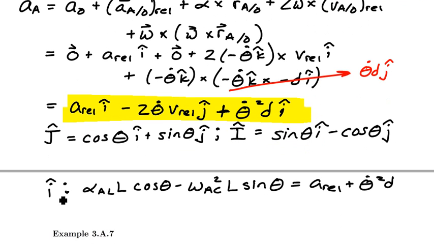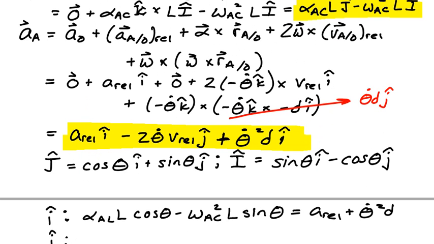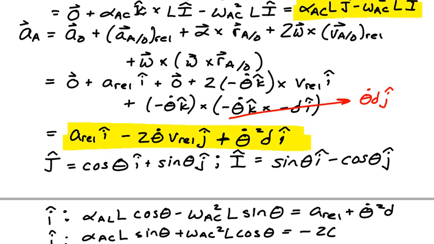If I look at the j components, from the first expression, I'm going to have alpha AC times L times the little j component of the capital J, which is the sine of the angle theta. I'm going to have minus omega AC quantity squared times L times the j component of the capital I vector, which is minus the cosine of theta. And that's going to equal minus 2 times theta dot times V rel.